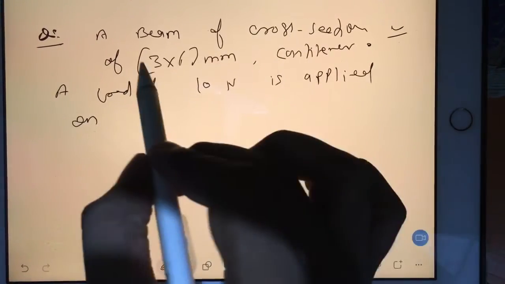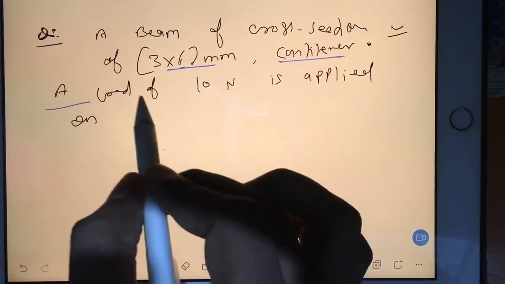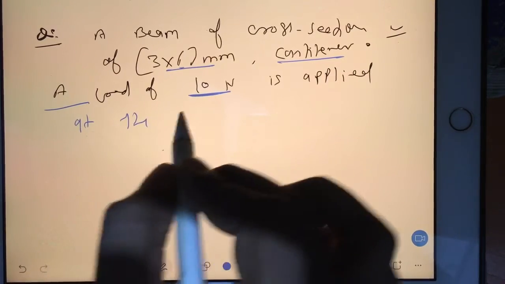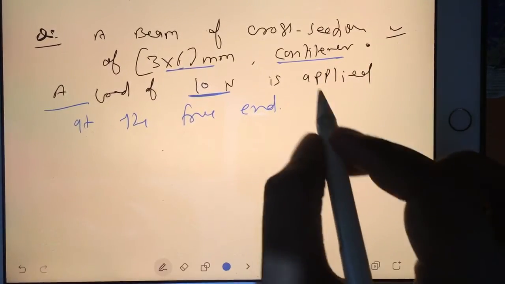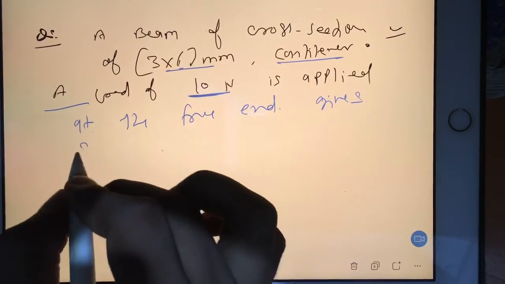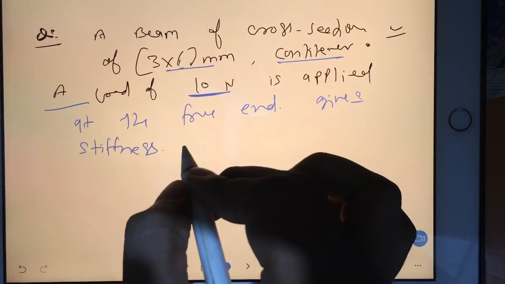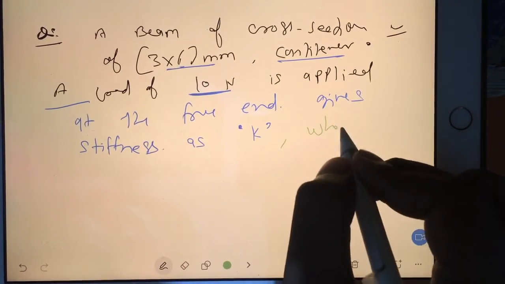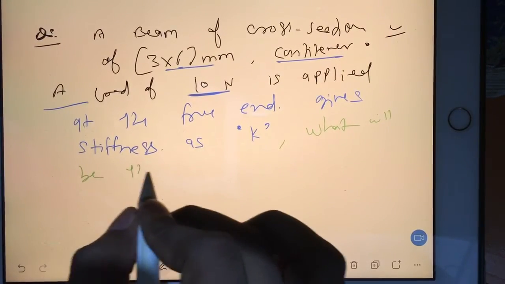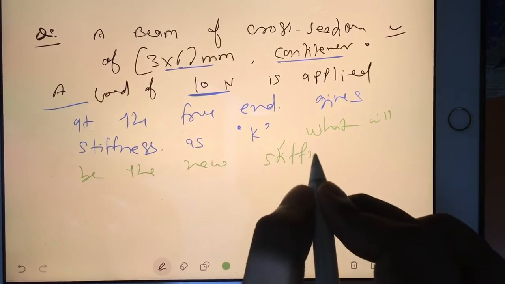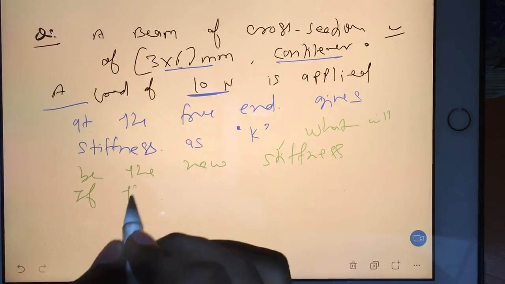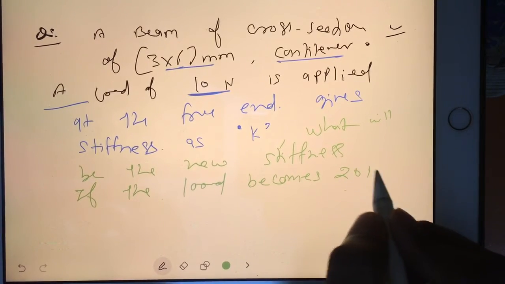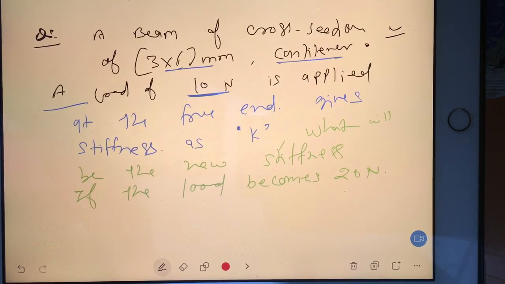A beam of cross section of 3 by 6 mm cantilever, a load of 10 Newton is applied at the free end, gives stiffness as K. What will be the new stiffness if the load becomes 20 Newton?